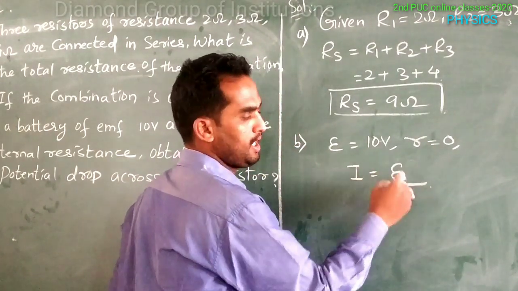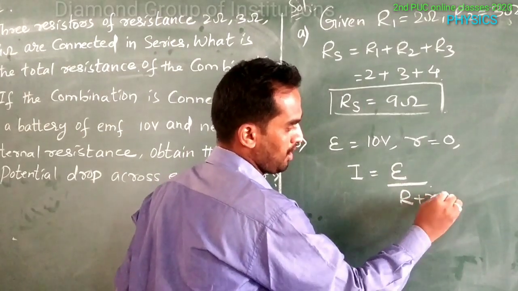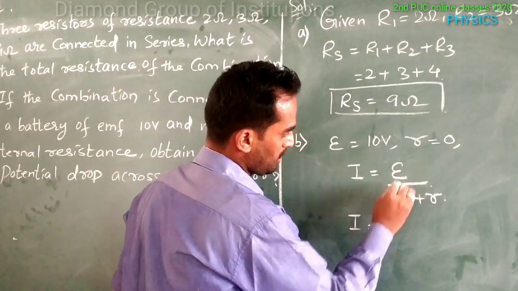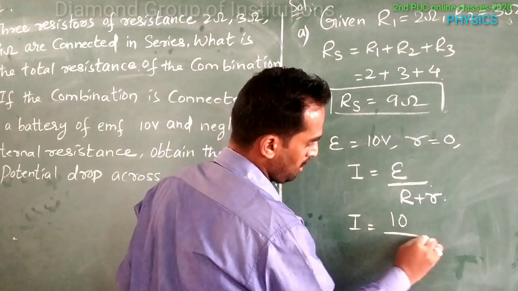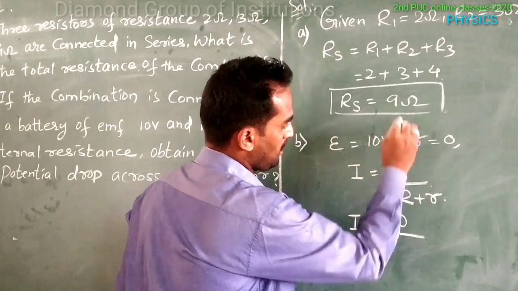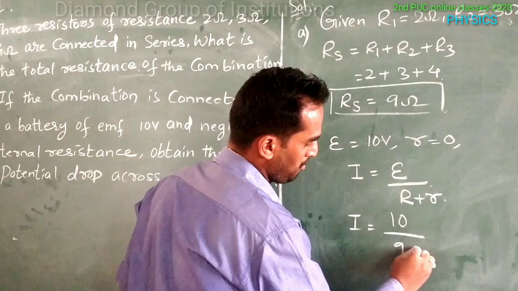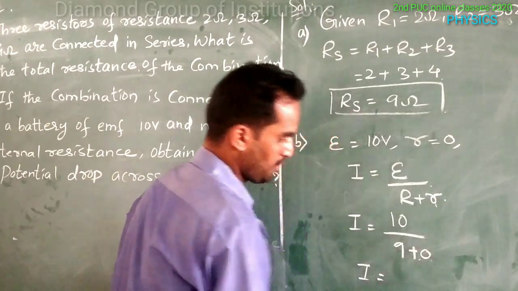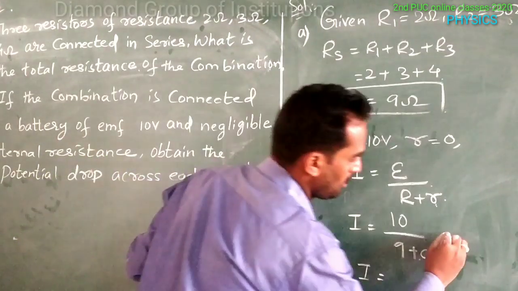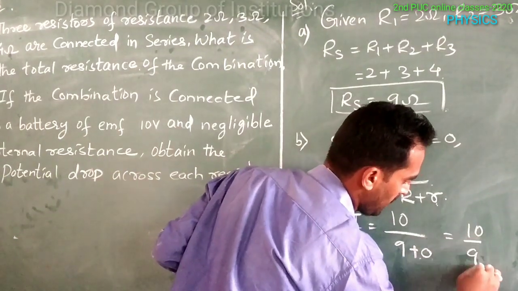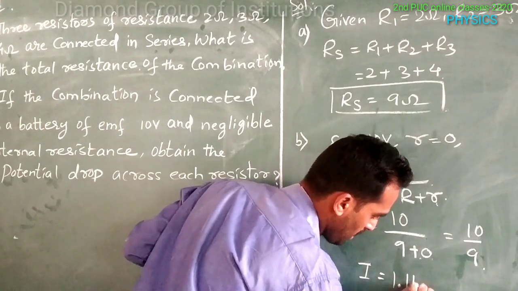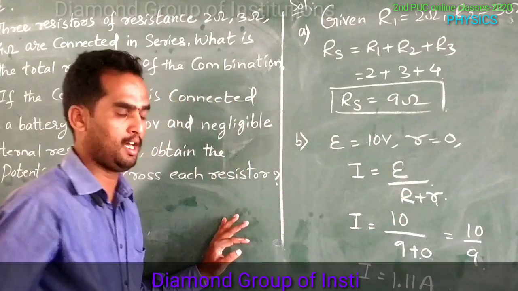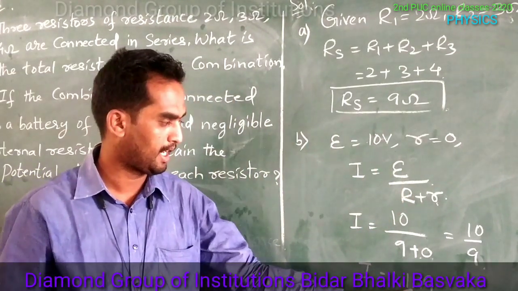I equal to E divided by capital R plus small r. So I equal to EMF value 10 divided by 9 plus internal resistance value 0. If you divide 10 by 9, we are going to get 1.11. So we got the current.